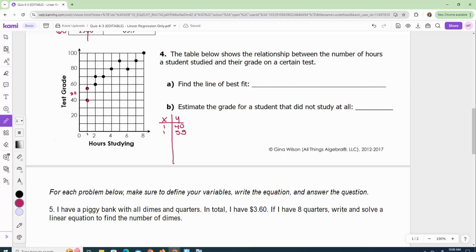Okay, tell me what this point is. Everybody should be able to tell me what that ordered pair would be. 60. Okay, what's this one going to be? 2 and 65. 2 and 70.